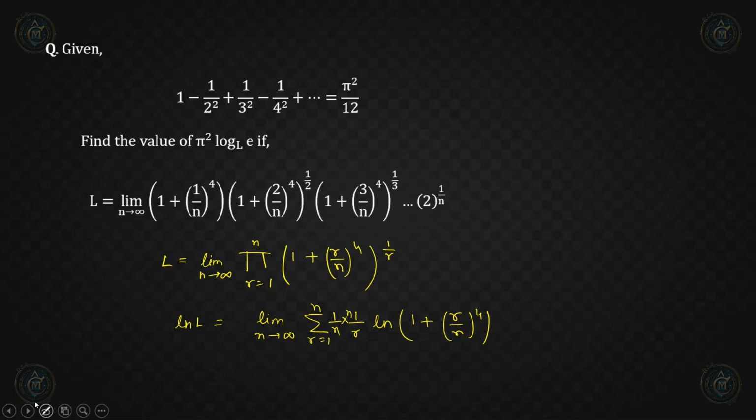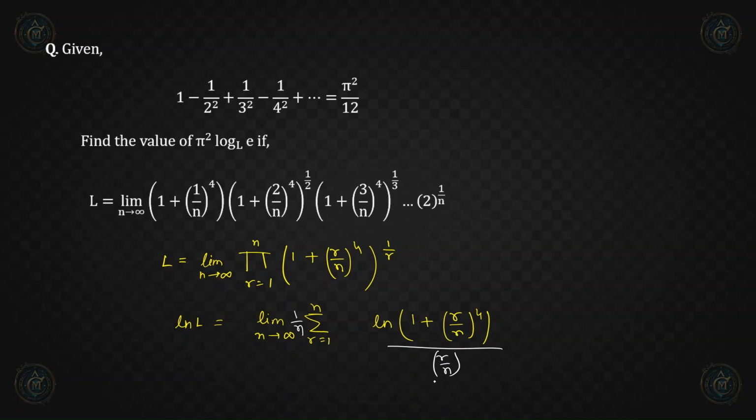So we can see clearly this n divided by r, we can take in the denominator and write it as 1 divided by r by n, right? Now see, a very clear pattern is generated here. This r by n, this r by n here, and 1 by n outside. So we can take this 1 by n outside the summation, because r is running from 1 to n, this sigma is running over the variable r, so n is treated as a constant.